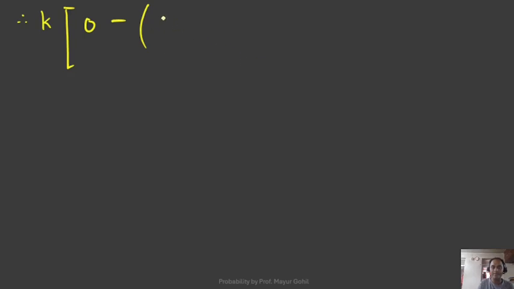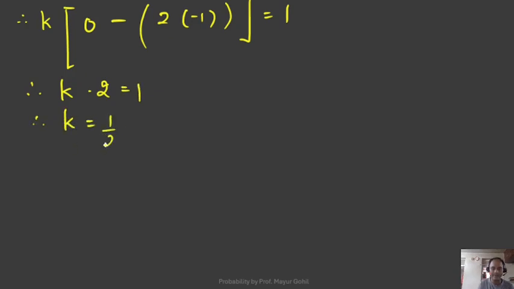So finally the answer is 2 into minus 1 here, and that equals 1. So you get k times 2 is 1, so k is equal to half. That is the required value of k.